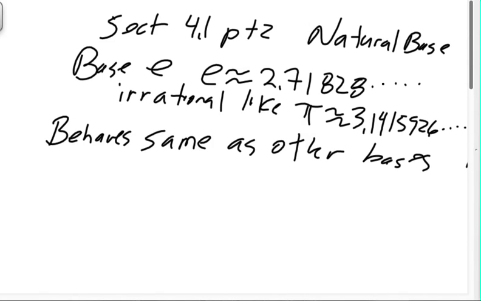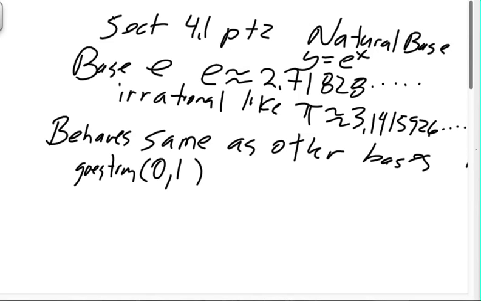For instance, it goes through the point (0, 1). And this thing, by the way, is written as e to the x, which is the parent of this guy. So it goes through (0, 1).